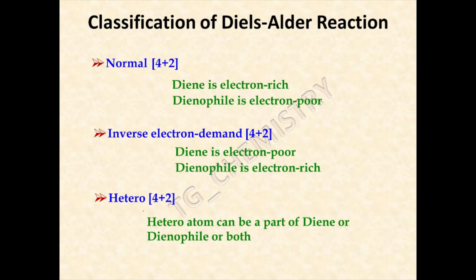And in the hetero Diels-Alder reaction, or hetero 4+2 cycloaddition reaction, the dienophile or the diene system can have hetero atom containing functional groups like carbonyl or imine, and in that case they form heterocycles by default as the product. So these are known as hetero 4+2 cycloaddition reactions or hetero Diels-Alder reactions.